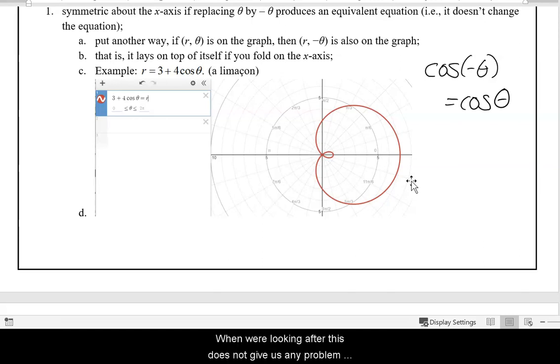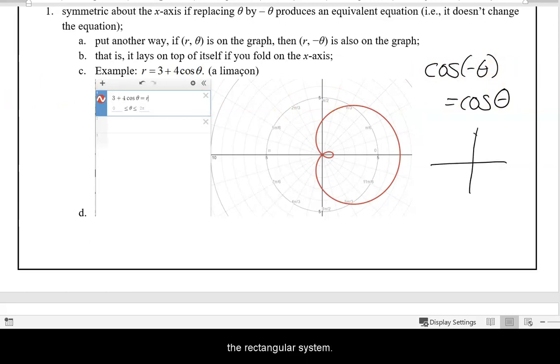When we're looking at this, it does not give us any problem in folding it as far as a polar graph goes. The cosine of negative theta is the same as the cosine of theta because in the rectangular system, cosine is y-axis symmetric and theta positive would be to the right and theta negative would be to the left.